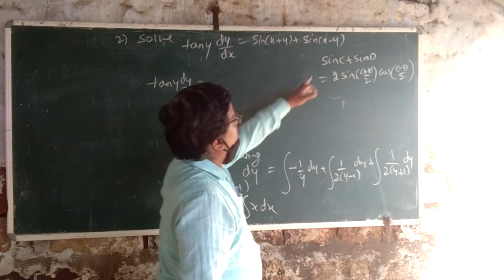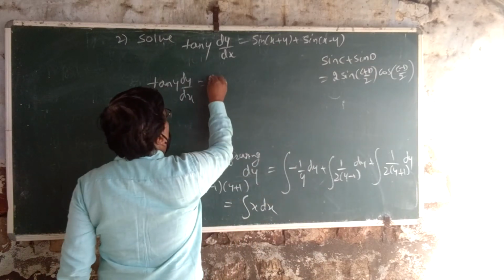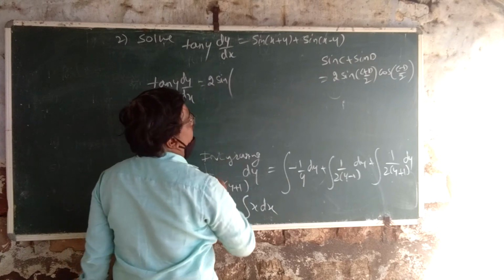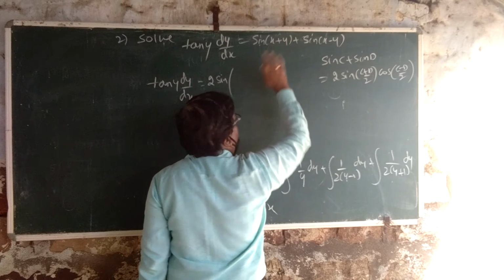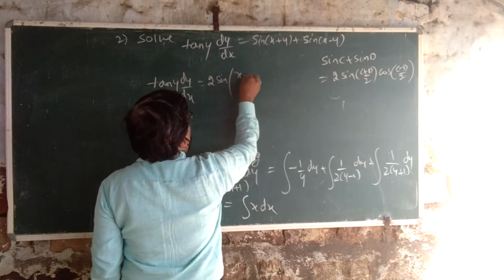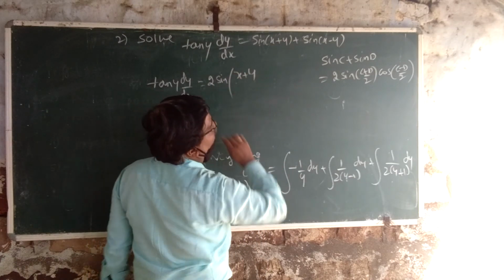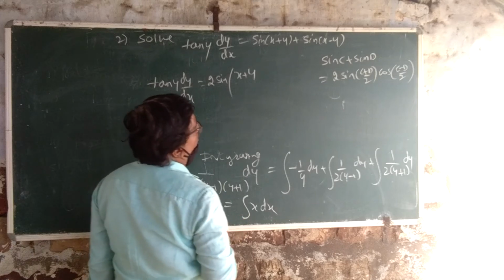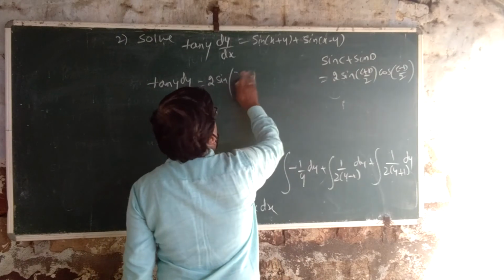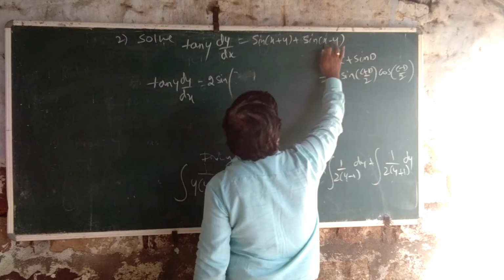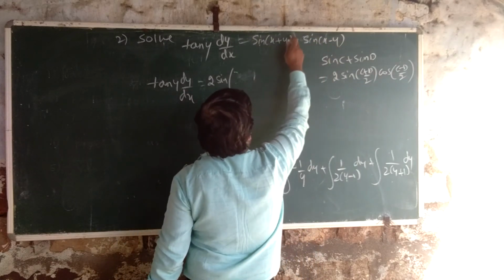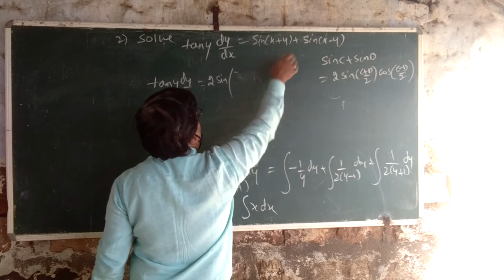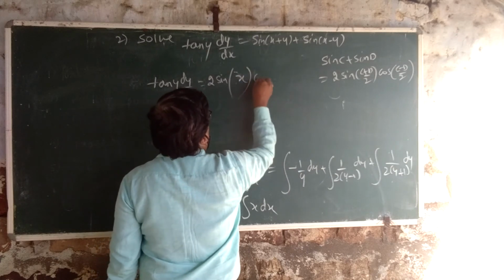Okay, so now to apply this formula, tan y dy by dx is equal to, according to this formula, 2 sine of c plus d by 2. So c means here x plus y, and d means here x minus y. Add these two. c plus d means plus y minus y gets cancelled, 2x by 2, that is x only.